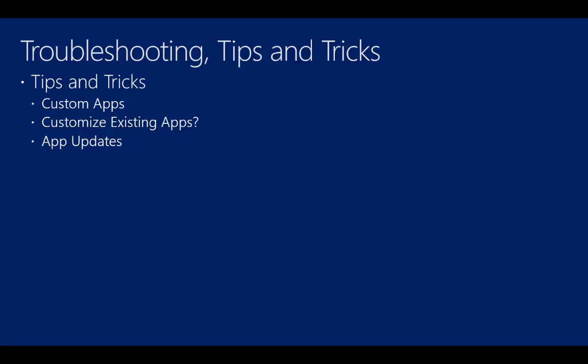I did the customize existing apps first. Sorry. Can you introduce custom apps into the catalog? There is a process that you can use to do that, right? It's going to be through the feedback hub in the portal. And I suppose if you have a custom app in your environment that you wanted up there, you could ask for it.